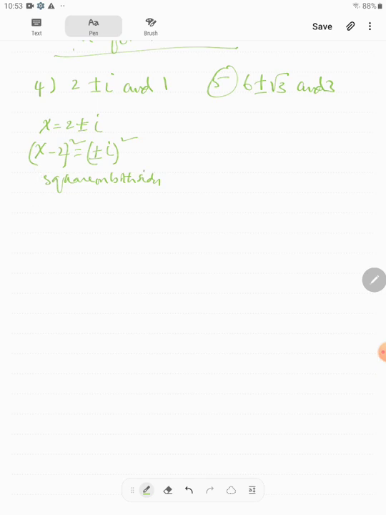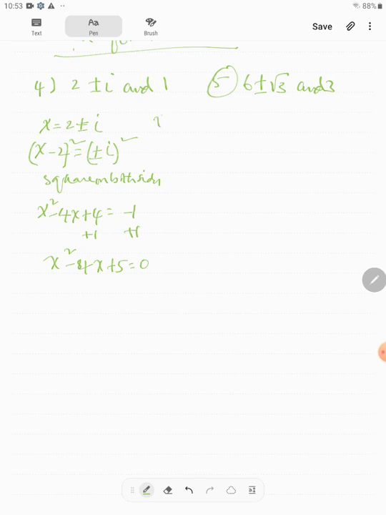And so when you multiply this, x minus 2 times x minus 2 becomes x squared minus 4x plus 4. And on the right, you'll have a -1 because i squared is -1. Plus or minus becomes positive when you square it. All you have to do is add 1 on both sides. You'll get x squared minus 4x plus 5 equal to 0.